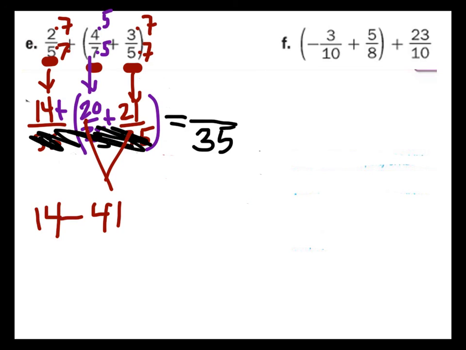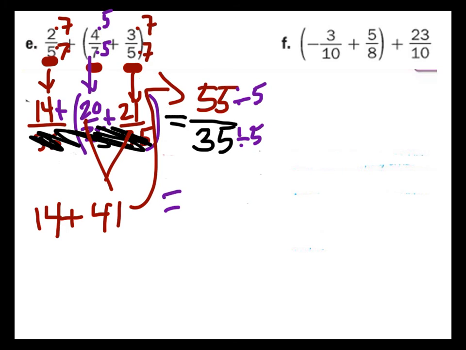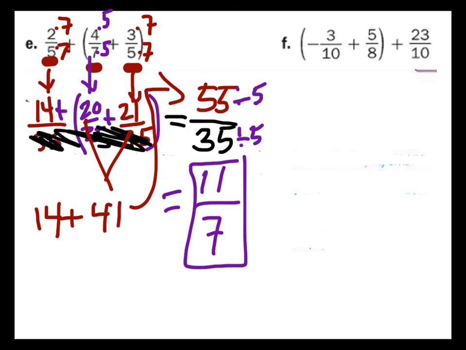I've got 14 plus the 41, which is going to give me 55. Can this be simplified? Yes, it can be. I'm going to divide by 5. So it will give me 11/7. Of course, some of you want to see this as a mixed number, 1 4/7.